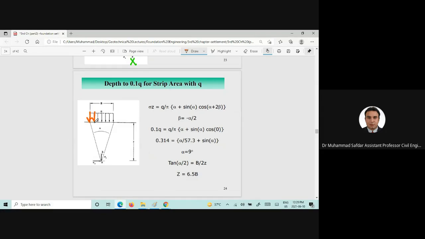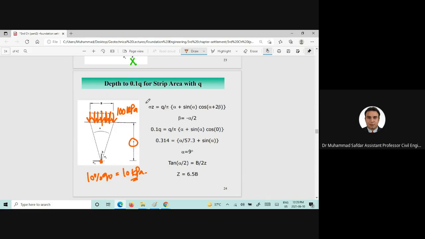In our previous lecture, we studied the 10% of the contact pressure for a strip footing. For example, if 100 kilopascal is applied, at what depth Z do we get 10% of q naught, which means 10 kilopascal? A derivation is provided here.